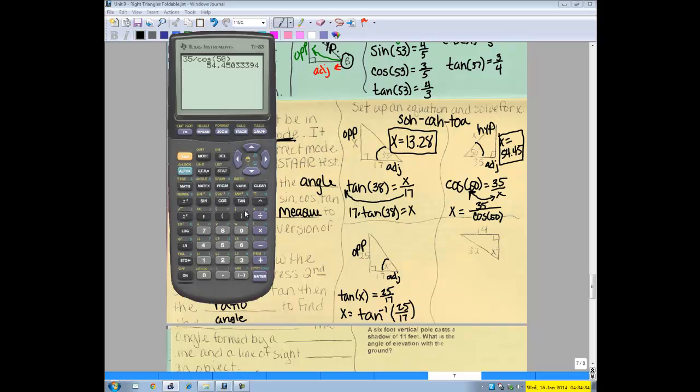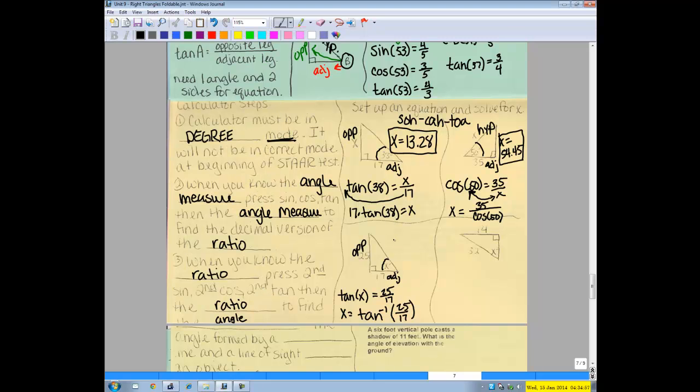So we're going to hit second tangent. So second tan 25 divided by 17. Close your parentheses, and there's your answer. Whenever we're looking for the degrees for our angle measure, we are going to round to the nearest degree, so the whole number. So 55, but it's 0.7, so we're going to make this 56 degrees.